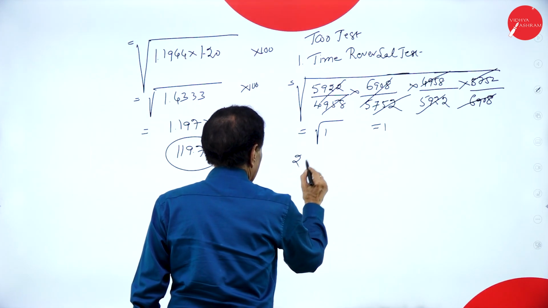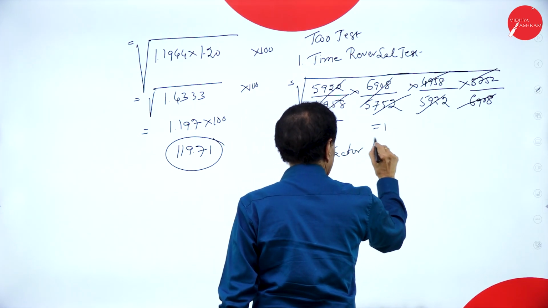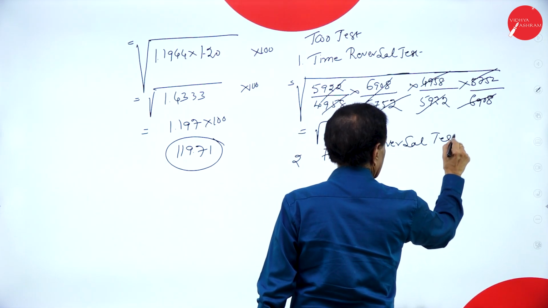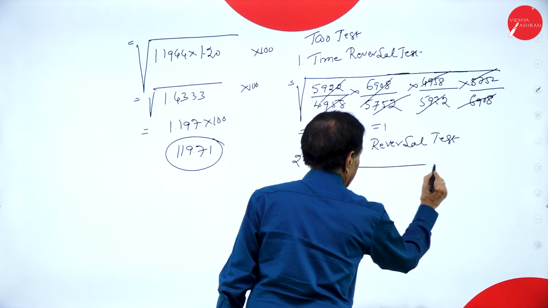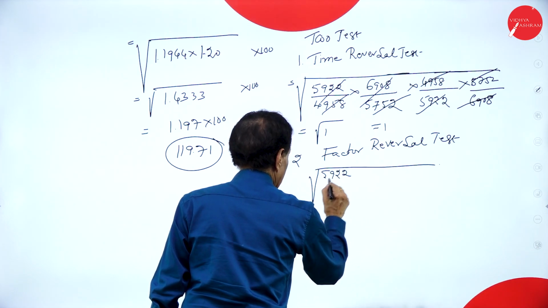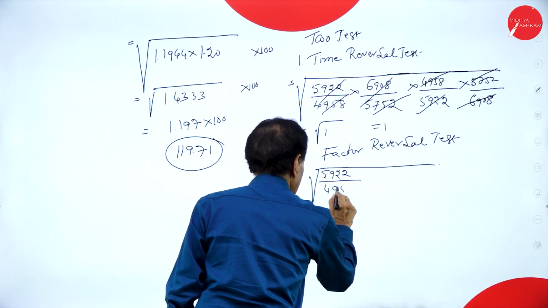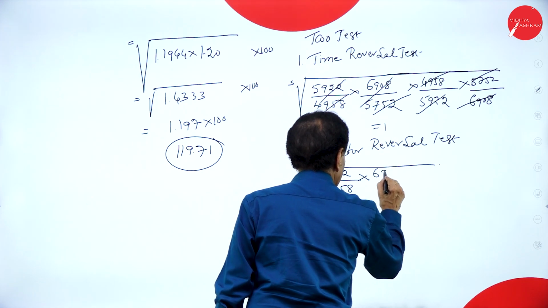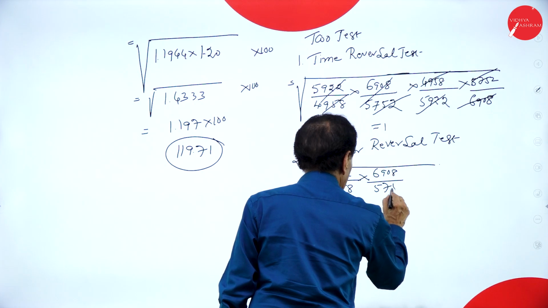Number 2, factor reversal test. Write the formula. Root of 5922 divided by 4958, into 6908 divided by 5752.